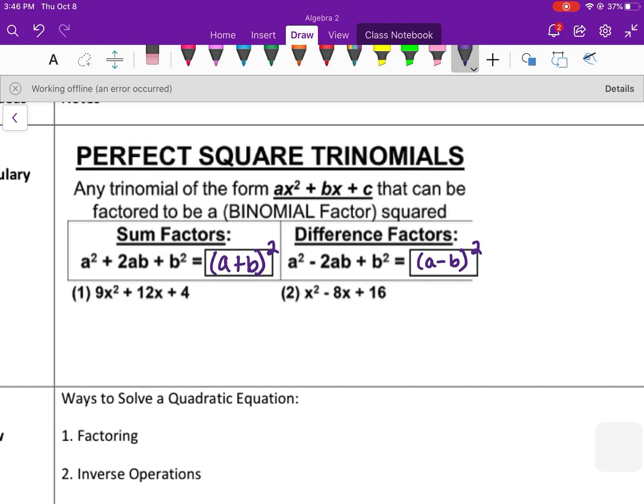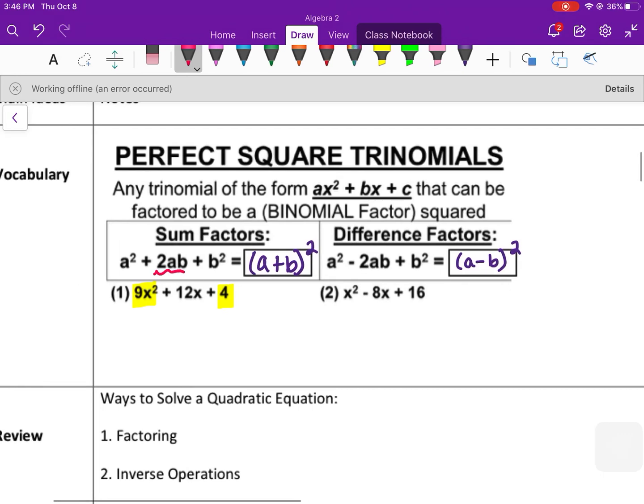So how you can tell if you have a perfect square trinomial is looking at the first and last terms. These are perfect squares. So 9 and 4 are both perfect squares. The square root of 9 is 3 and the square root of 4 is 2. So in the middle, you have 3 times 2 is 6, and you double 6 to make 12.